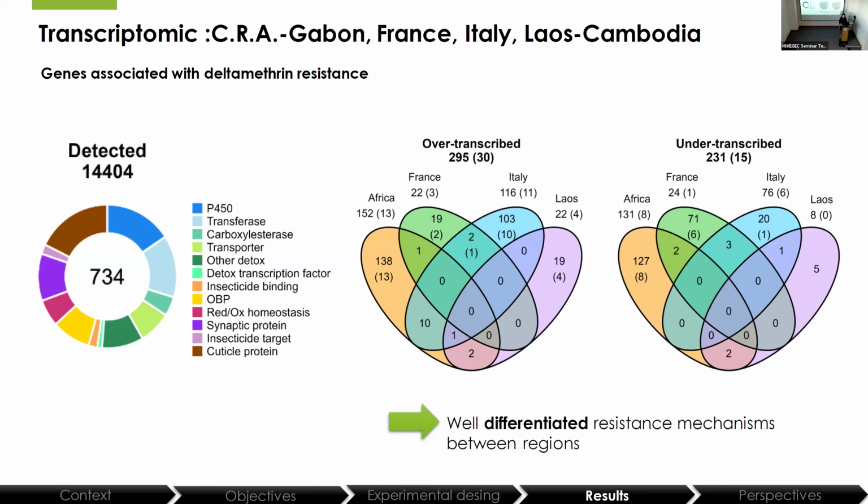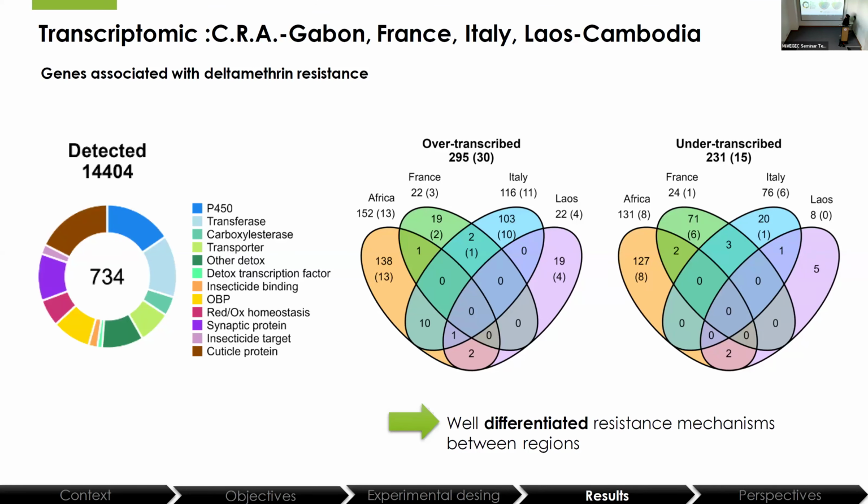About my transcriptomic results, among all genes detected, we identified 734 genes that were candidate genes and belong to families known to be involved in insecticide resistance.